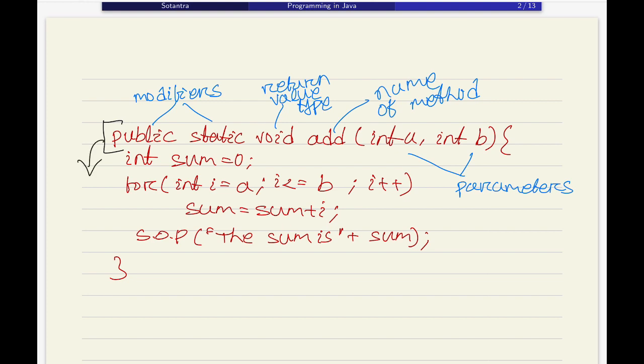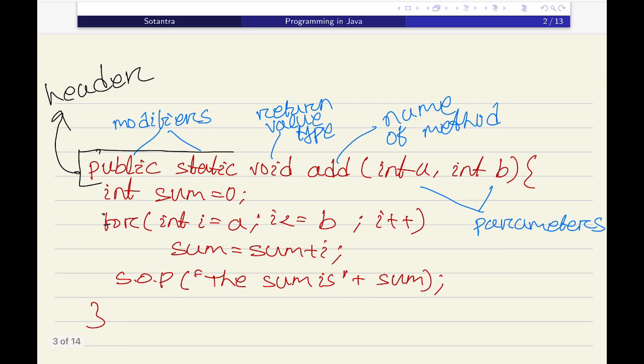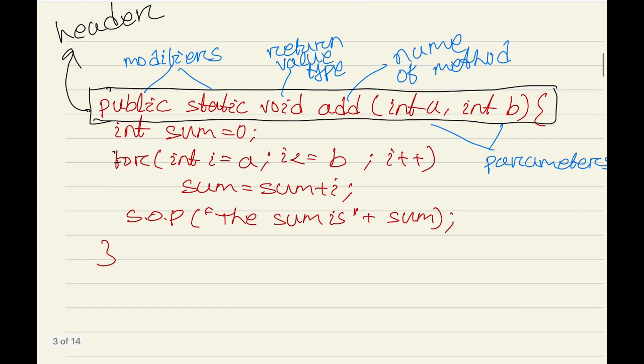Now the first line here, public, static, void, add, int A, int B, is called the header of the method. So this public static void add int a int b is the header of the method.